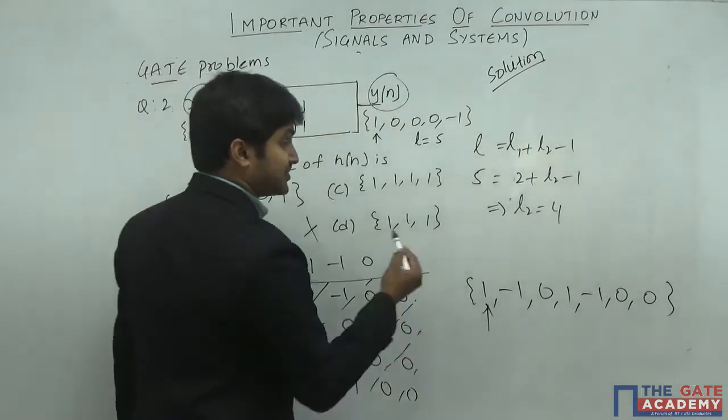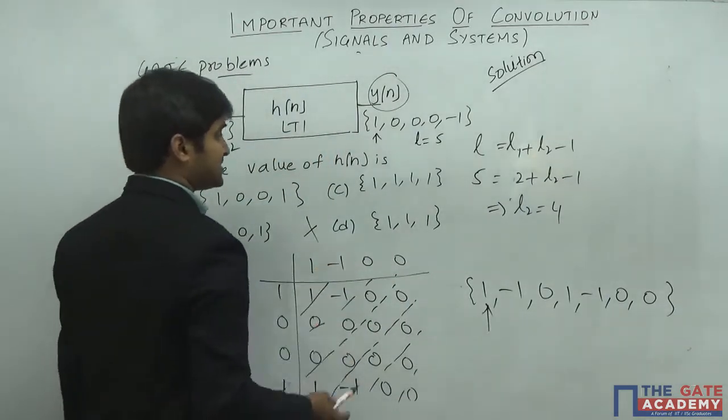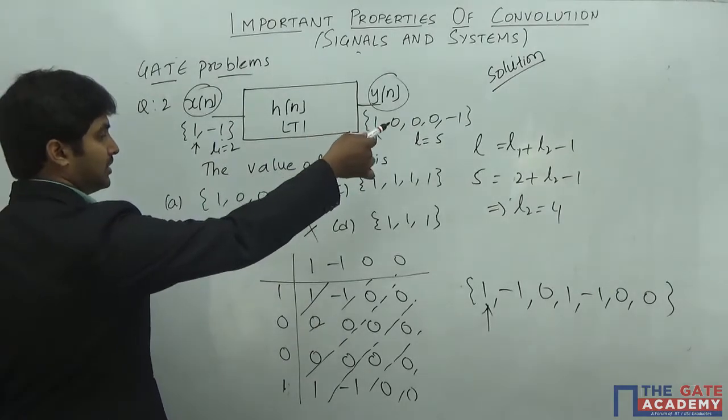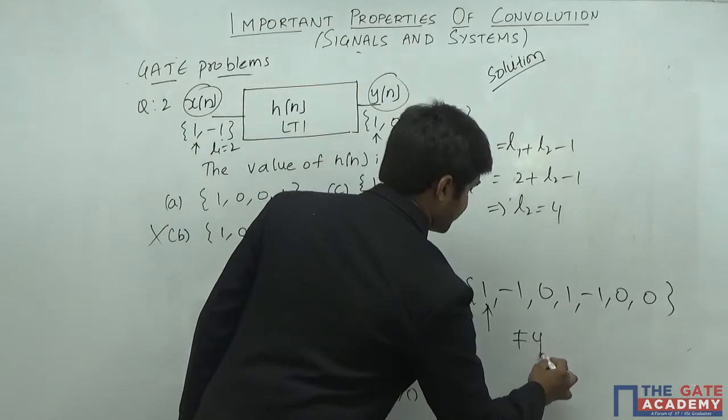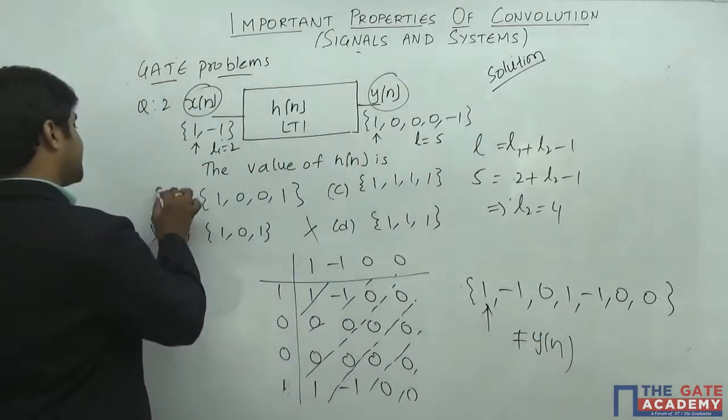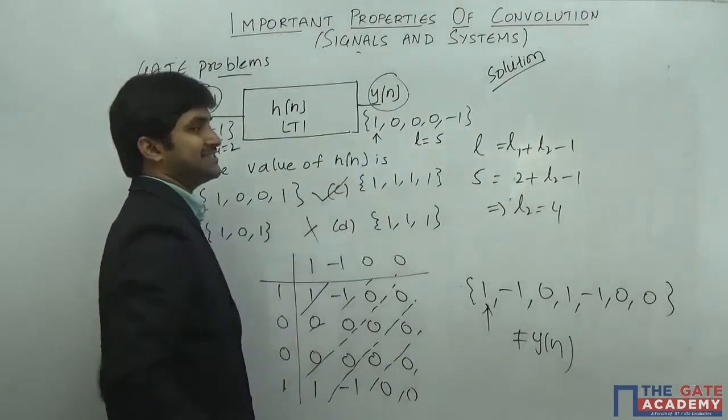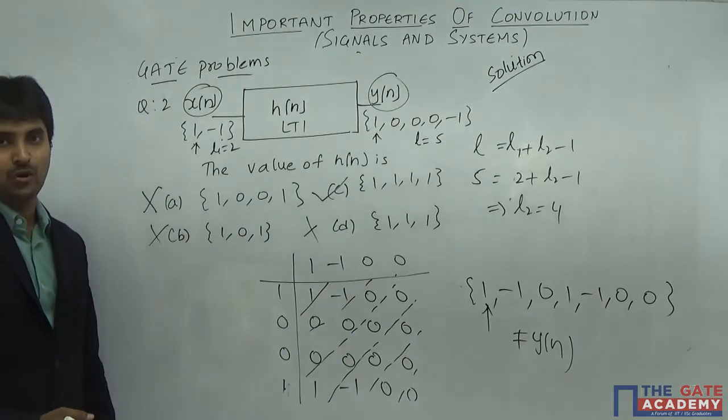So the arrow is present here. Now you just check whether it is equal to y of n or not. If you see, the y of n is not the same, right? So this is not equal to y of n. What does it mean? Option A is also wrong. Option C is the right answer. So the answer is option C.